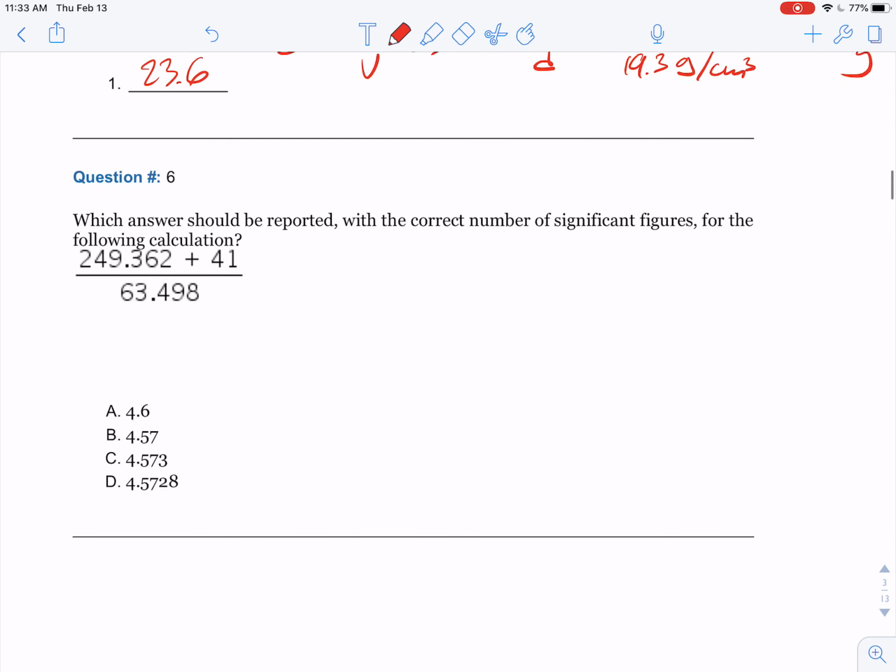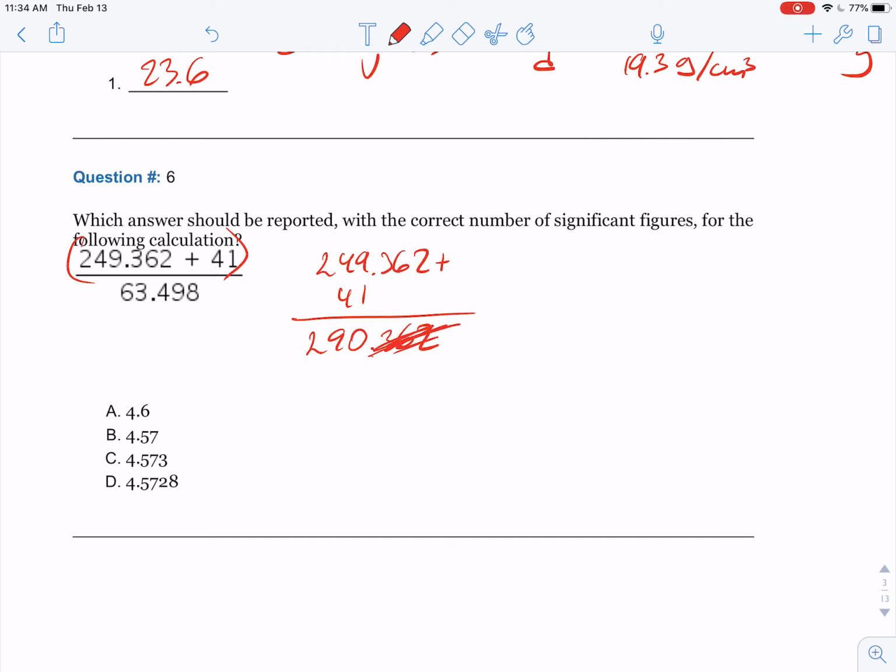And this is a favorite of everyone. So first step, you have to solve the top part. So 249,362 plus 41, this is 290,362. You have to ditch all of this because you don't have decimal points here, but this 0 here is significant.